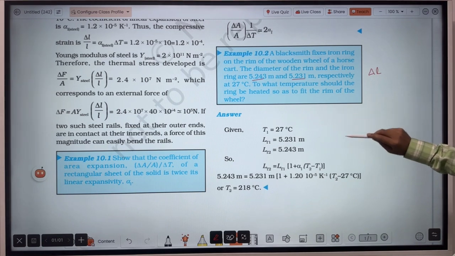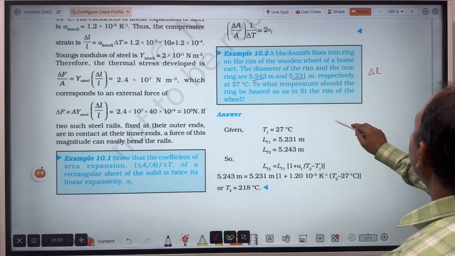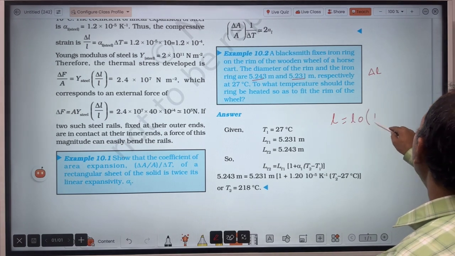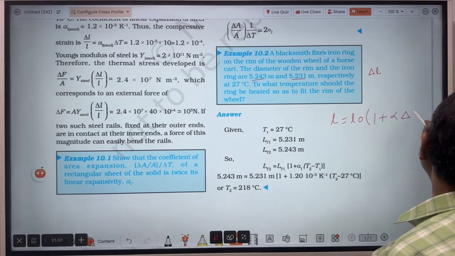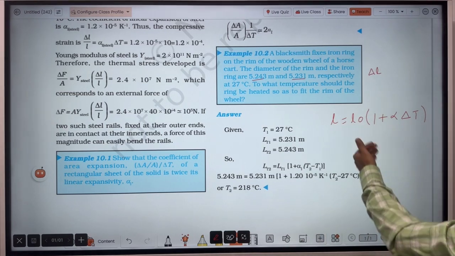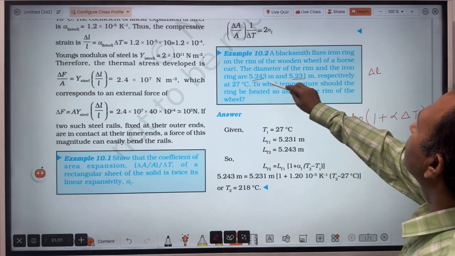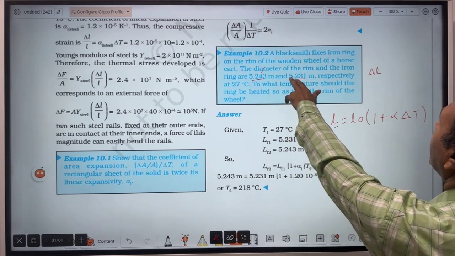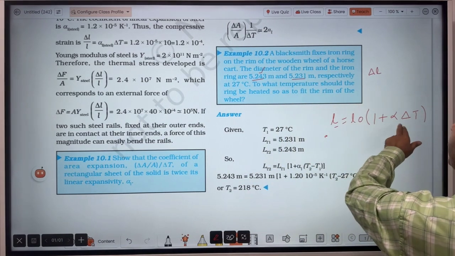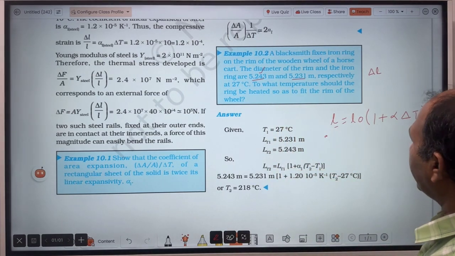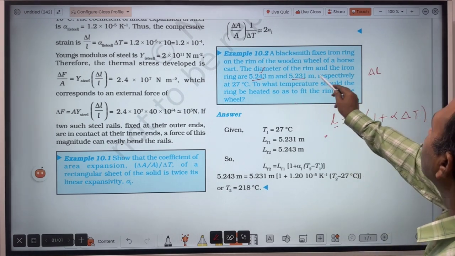Then we can apply the basic formula, L equal to L0 into 1 plus alpha delta T. L means the needed length, 5.243, and L0 means this length, 5.231. Then 1 plus alpha. The value of alpha should be given in the question; it is not given, but it should be, only then can we solve.